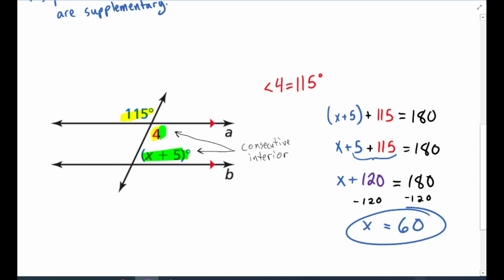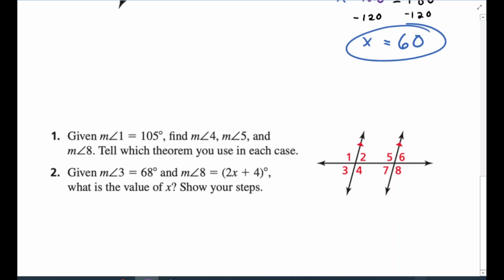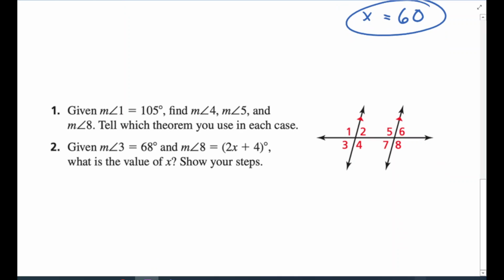All right, with that, you are likely ready to practice several of these on your own. So here are two problems for you to try and see how you do. First one, given that the measure of angle 1 is 105 degrees, so this right here is angle 1, find the measure of angle 4, the measure of angle 5, and the measure of angle 8.